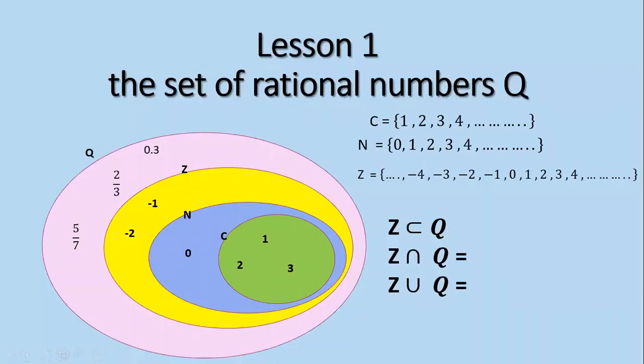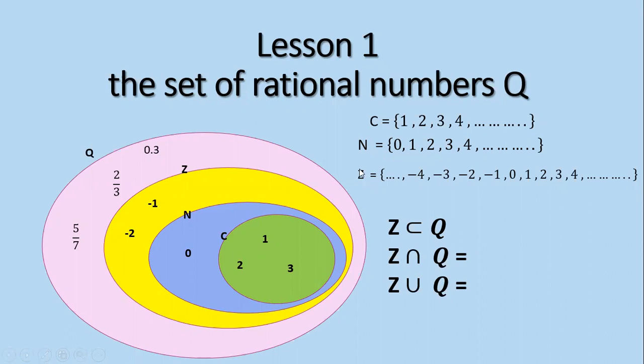In the years before, we studied the set of counting numbers, which start with 1, 2, 3, 4, which are positive numbers. In grade 5, we studied the set of natural numbers, denoted with the capital letter N. It starts from 0, 1, 2, 3, 4, etc. It's an infinite set.